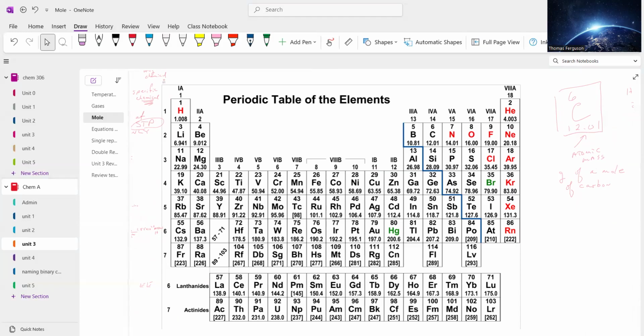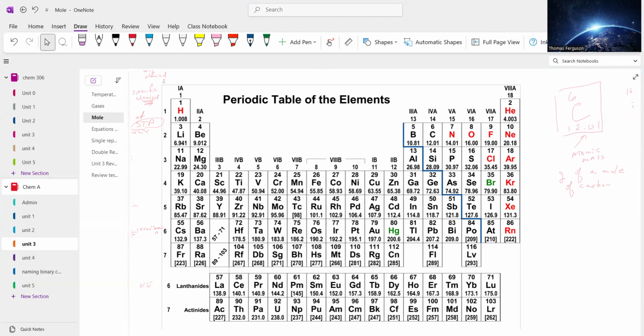Now this is a typical one you can get in 1A. Notice carbon, there's no word carbon there. It's just C. You're expected to know that.